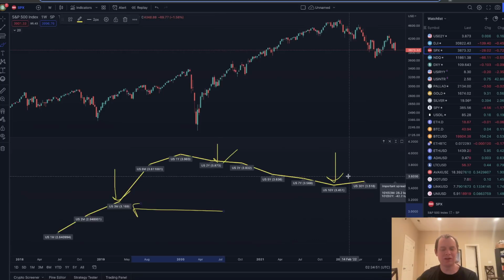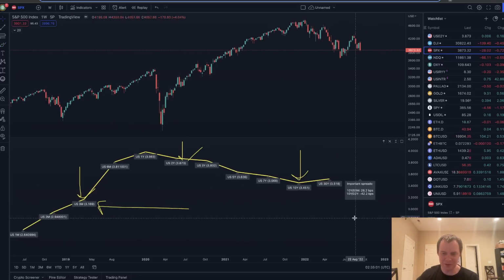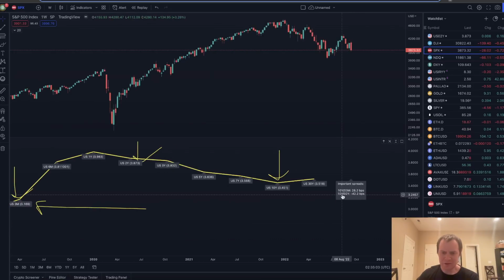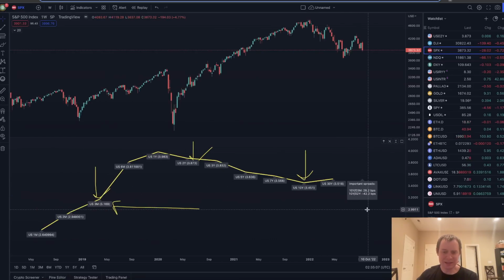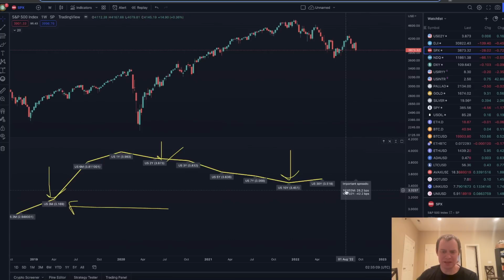You can see right now that the yield on the 3-month is only 3.169% compared to the 10-year, which is 3.451%. The spread on the 10-year to 2-year is negative 42 basis points, meaning it's inverted already. But the spread on the 10-year and the 3-month is 28 basis points, meaning it has not yet inverted.